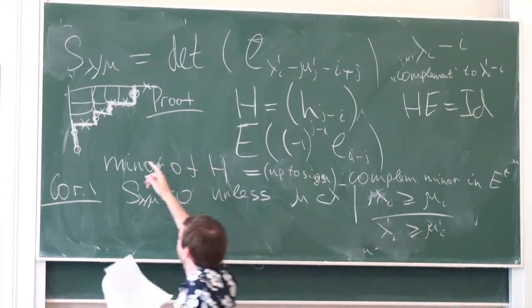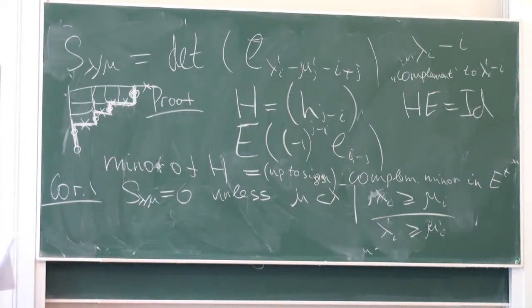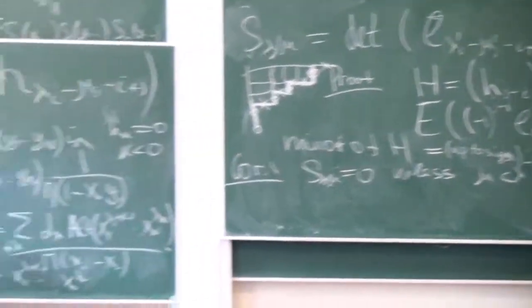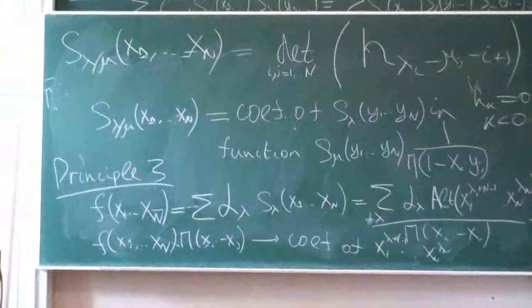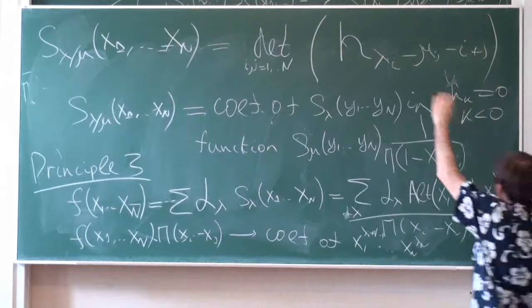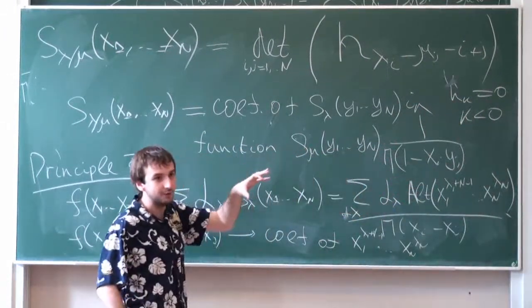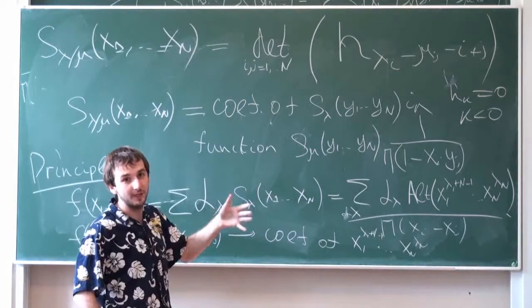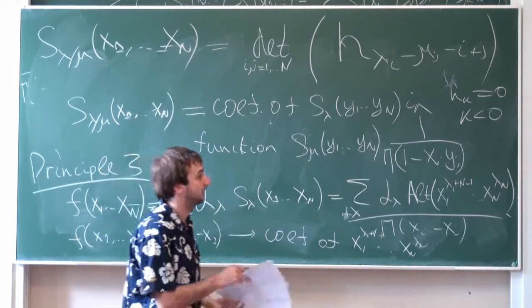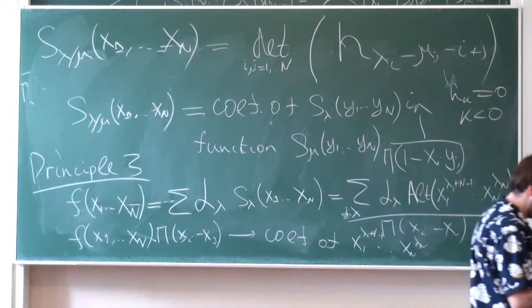So in Young diagrams it means just one Young diagram is a subset of another Young diagram. So how to see that? Well, just look at this determinant and notice that if this condition is not satisfied, then this matrix will have a huge block of zeros, and its determinant automatically will be equal to 0. So this is corollary 1.